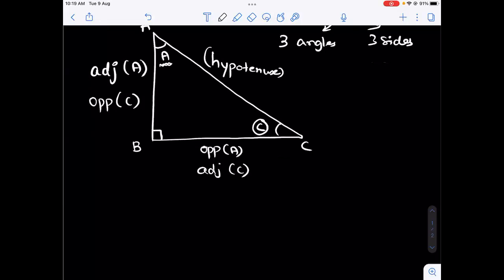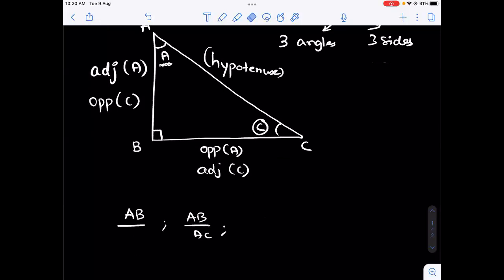I can take AB and divide it with BC. Am I right?